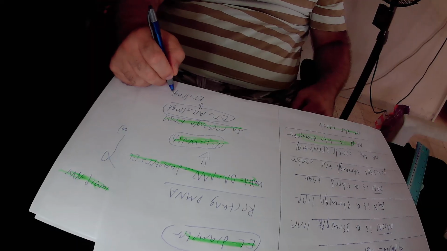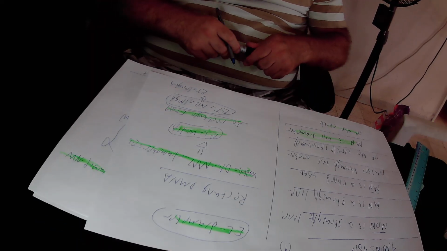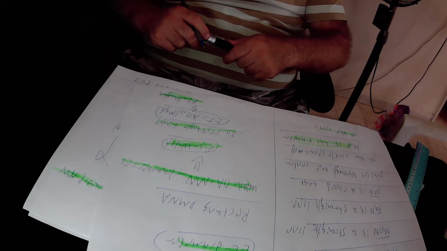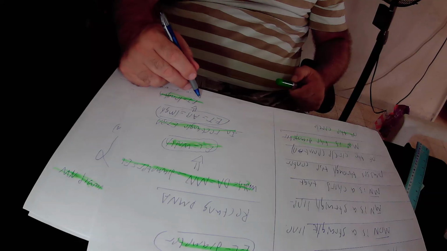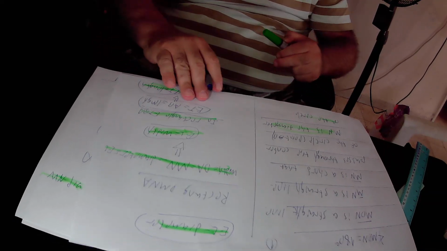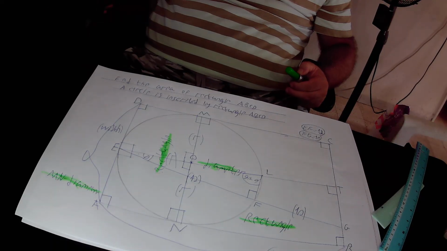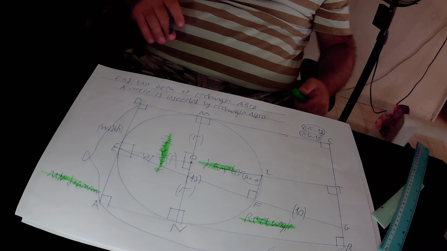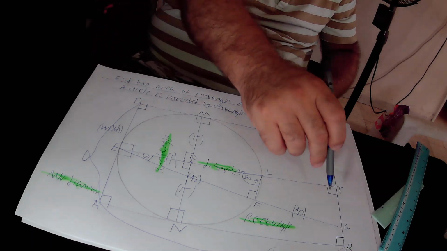So in total, we have found out that EL is the width of rectangle ABCD and ET is the length of rectangle ABCD. In the next step, we will focus on the big right triangle ETG.